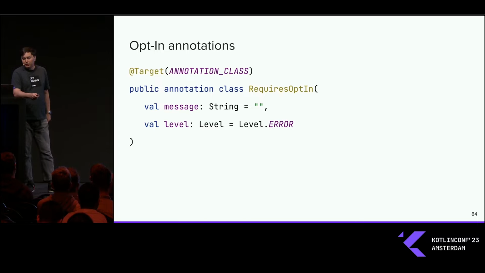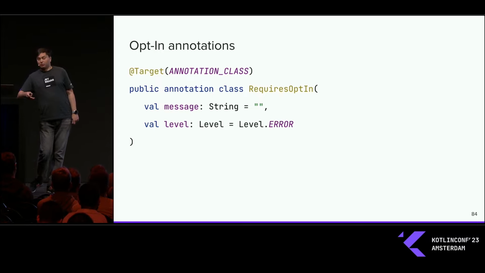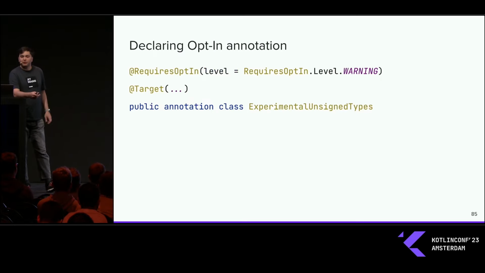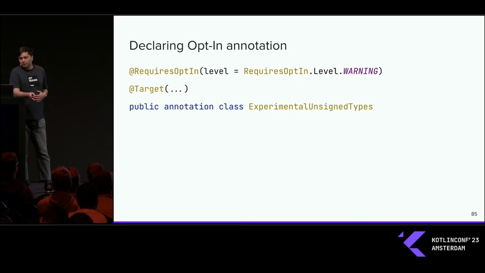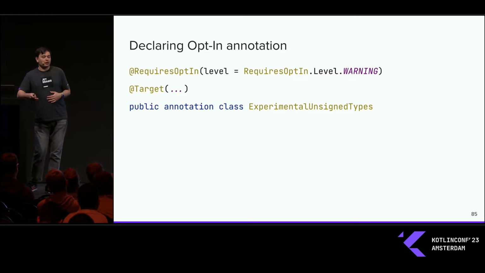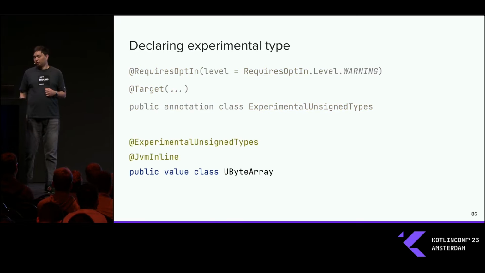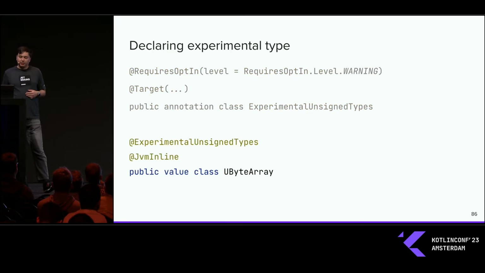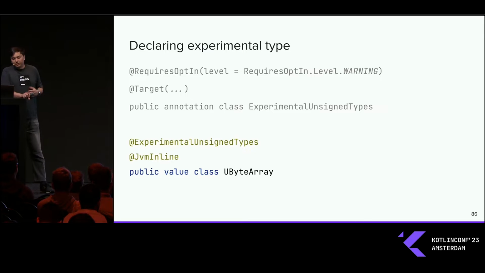But this time, it is a meta-annotation, so it has a target of annotation class. When you want to make an experimental annotation, for example, in stdlib, ExperimentalUnsignedTypes, you should mark this annotation with RequiresOptIn, with the desired level of warning or error. For example, UByteArray is marked with ExperimentalUnsignedTypes, which is marked with RequiresOptIn warning.